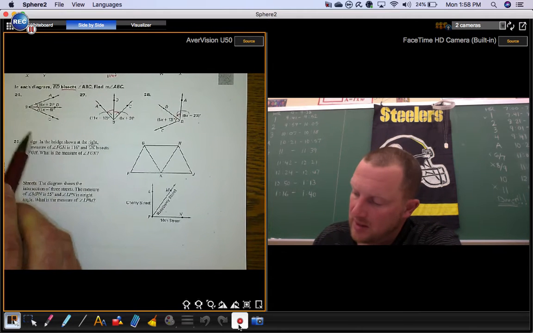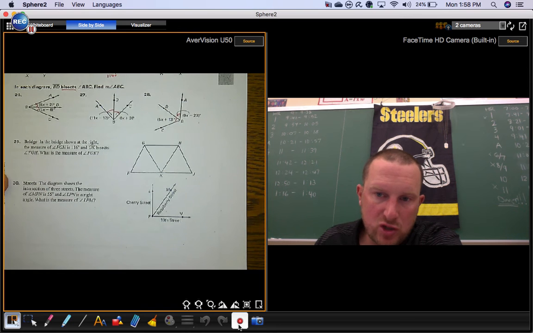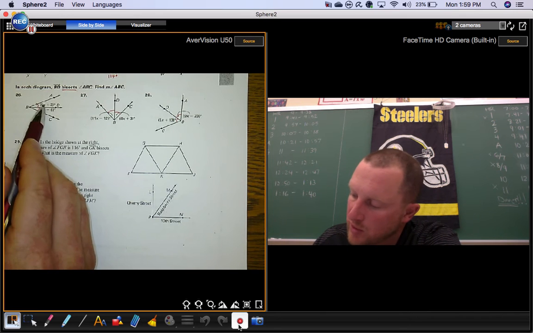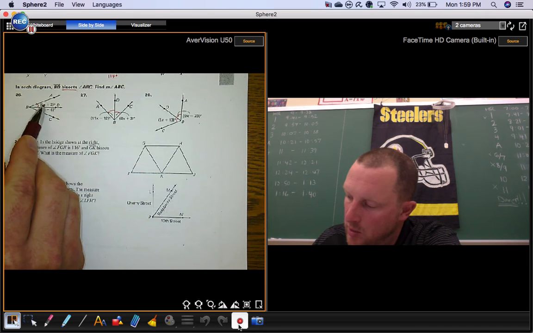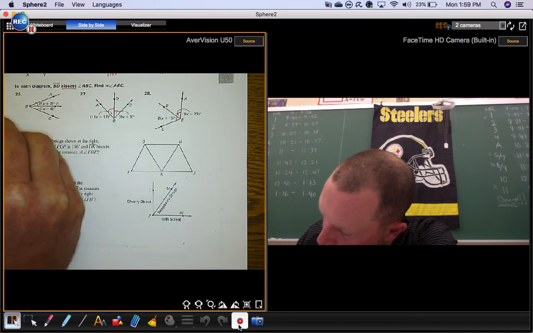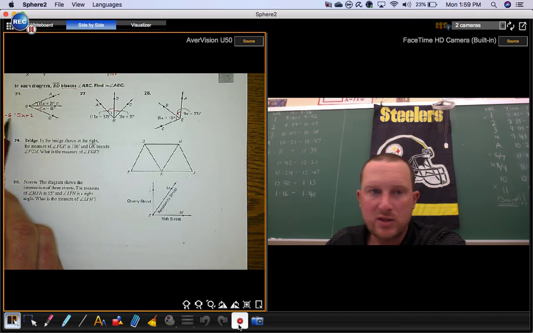But the idea is you know these are the same. So if they're the same, show that they're the same. Put an equal sign in between their measures, and then you can solve for it. So you want to change this from geometry to algebra. Now I know this angle equals this angle, and I can write it any way I want. I could have switched these if I wanted to.